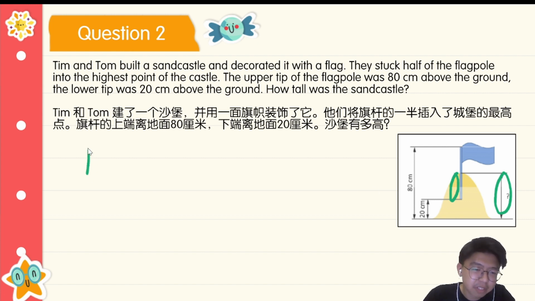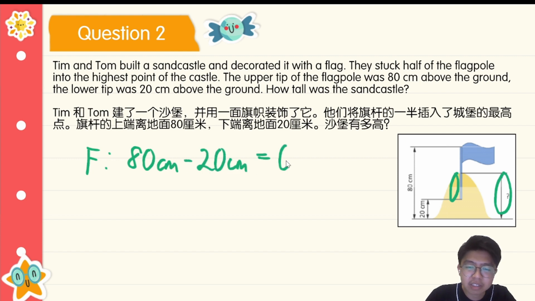So for the length of the flag, we can just use 80 cm minus the 20 cm, right? So 80 cm minus 20 cm here, we'll get 60 cm. So now we know the length of the flagpole already.